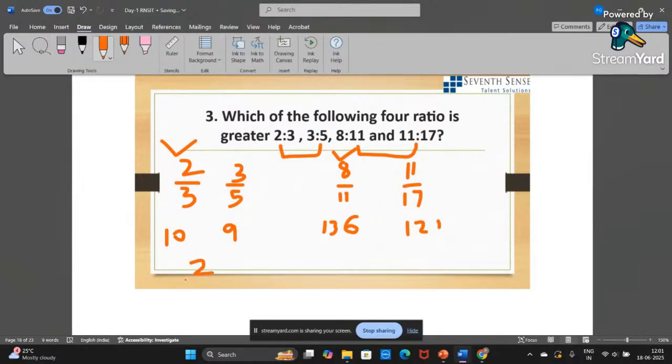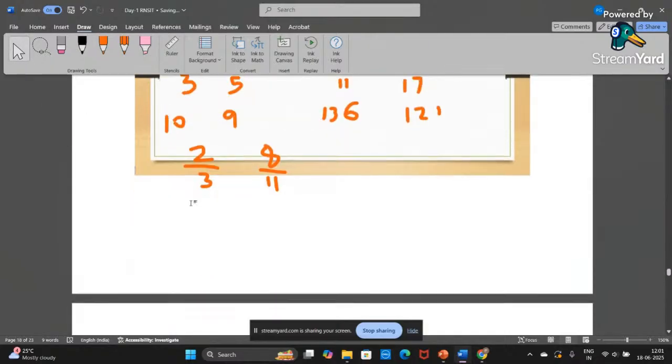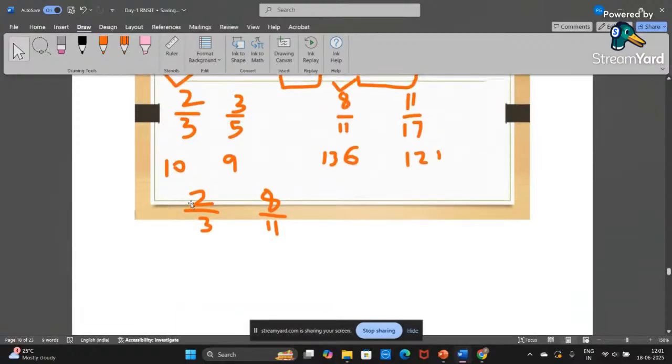Write that separately. 2 by 3 and 8 by 11. 22, and this is 24.